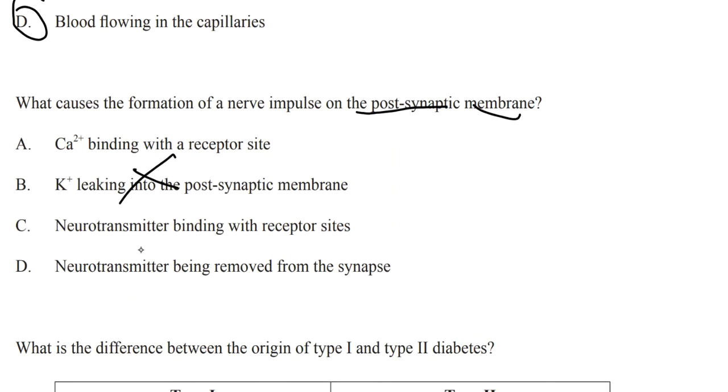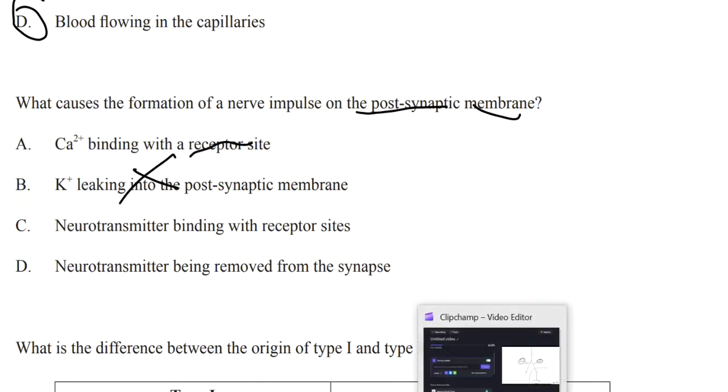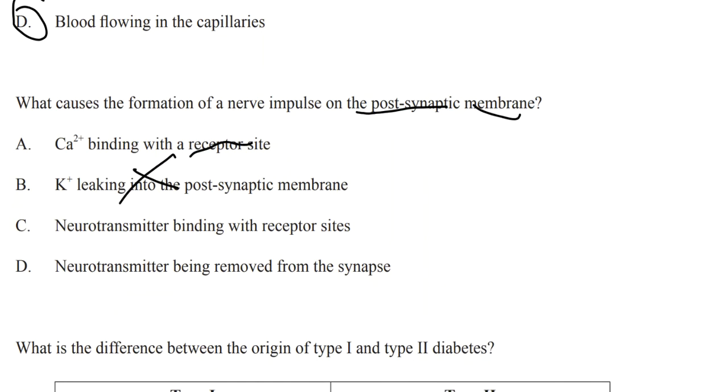Neurotransmitter binding with receptor sites, I believe that does happen, that binds with neurotransmitter receptors on the postsynaptic membrane, but maybe it is Ca2+ that binds with the receptor site. I'm not really sure. Neurotransmitter being removed from synapse, that's not it. Let's consider this.